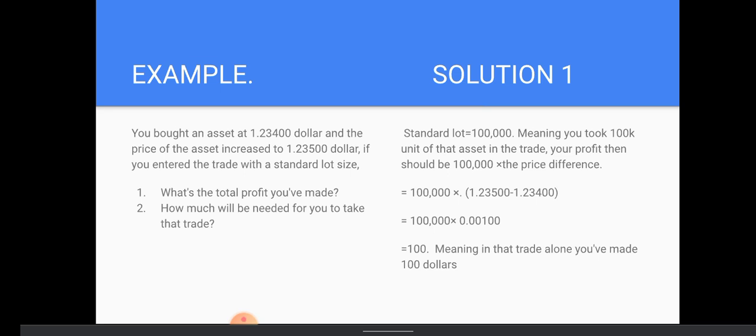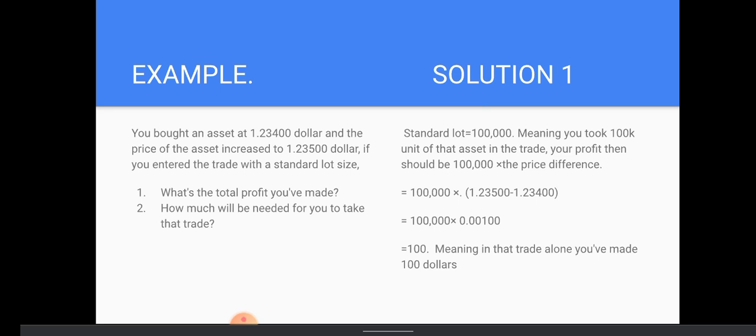So 100,000 times the price difference we have already found, which is 0.00100. If you multiply them, what you get is 100, meaning you have made $100 from that trade. So I hope this is very explanatory, and if it's not, you can go over this section again.